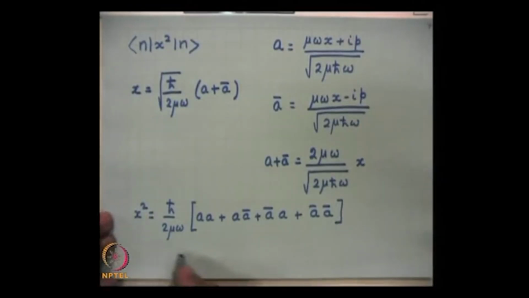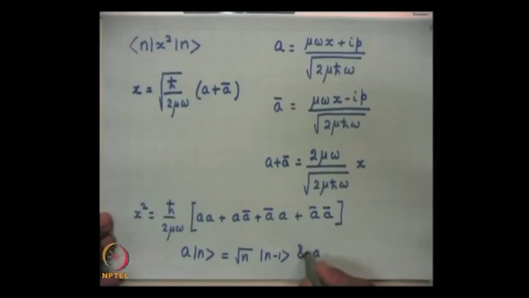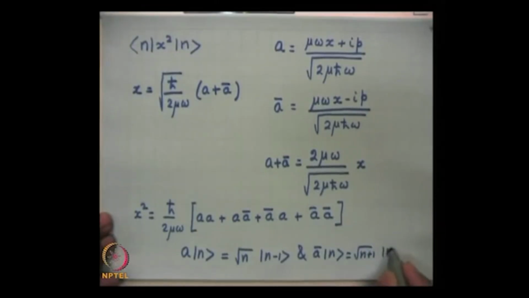Now, as you know, and this you must remember, A ket n is equal to square root of n ket n minus 1, and A bar ket n is equal to square root of n plus 1 ket n plus 1.